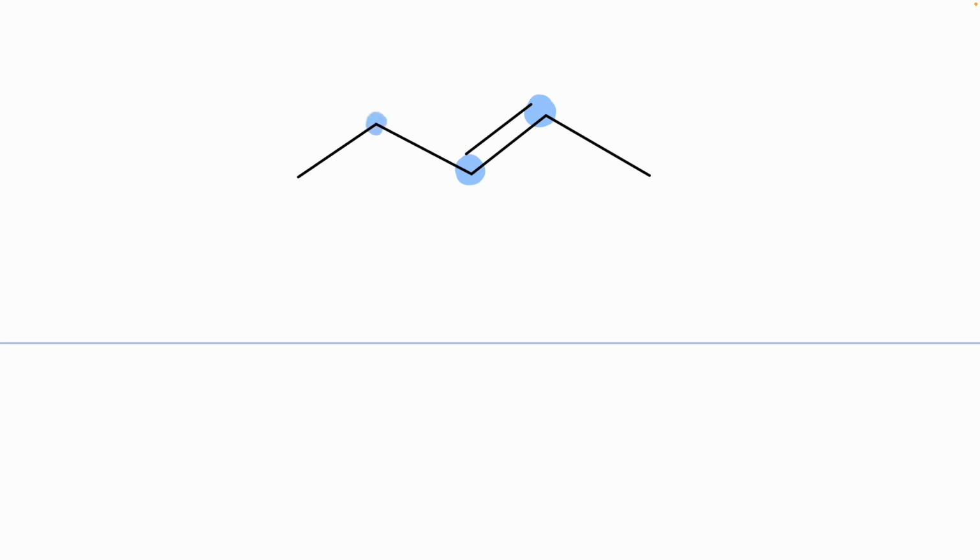So I have these 2 carbons. What are my other 2 that I'm missing here? My implied hydrogens, exactly. So I can draw in my hydrogens here and here just to illustrate that all 6 of these atoms lie in the same plane.